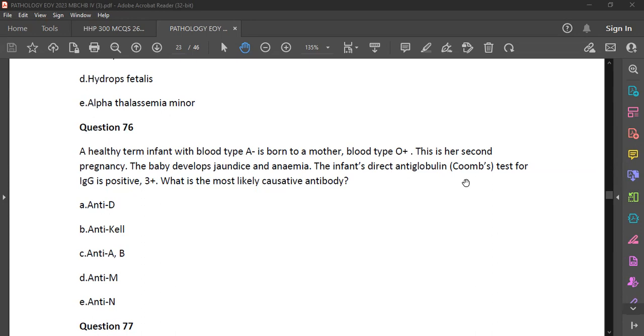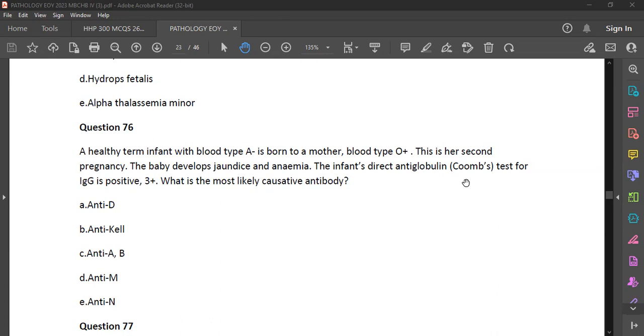So if, for example, you have a blood group A, it means that you have antigen A, but you don't have antigen B. So if you don't have the antigen, you have the antibody. So blood group A has the antibodies against the thing that they don't have, which is B. So they'll have anti-B. Yeah. And blood group B, they have antigen B, but they lack antigen A. So they'll have antibodies against A. So they'll have anti-A. For our case here, our mother is blood type O positive.